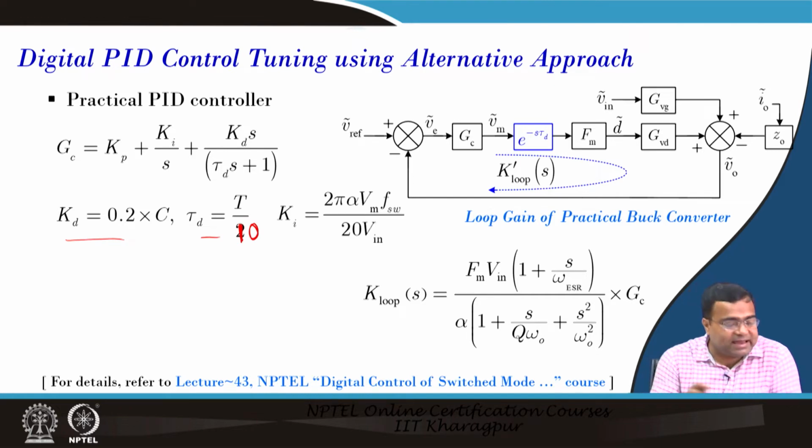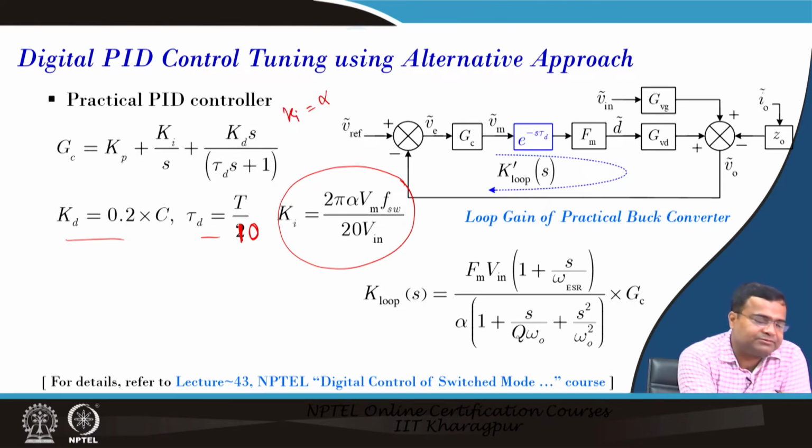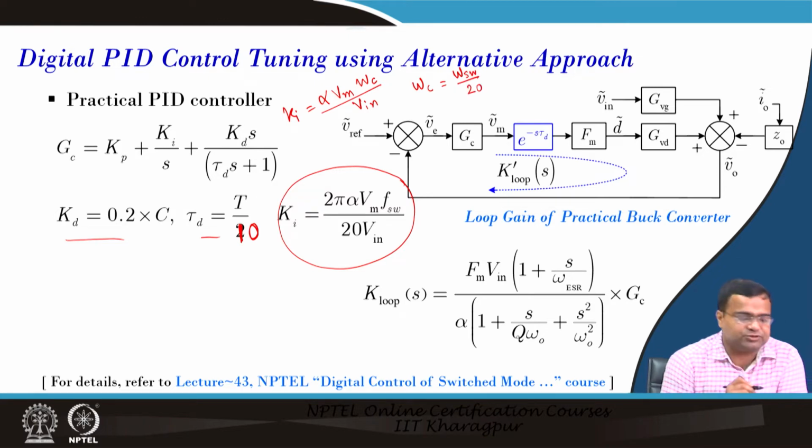Then Ki, you can take this value, which is nothing but Ki equal to alpha times Vm omega c divided by V in, where for the choice of Ki we have taken omega c equal to your switching frequency by 20, that is why we have chosen it.